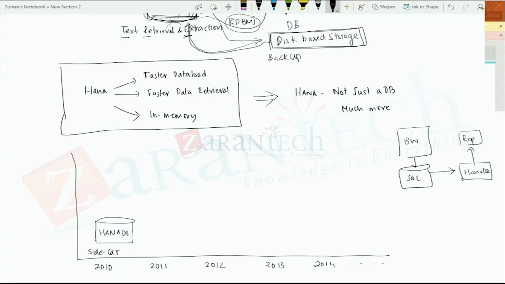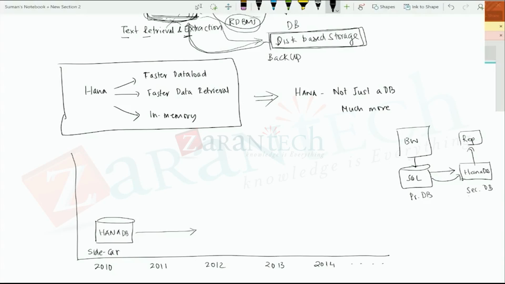So we would have carried over some redundant information into HANA. So here the primary database is still SQL Server, but the secondary database is HANA. That is how HANA was primarily used. And then when you look at it till about 2012, HANA's primary functionality was to be used as a sidecar implementation.